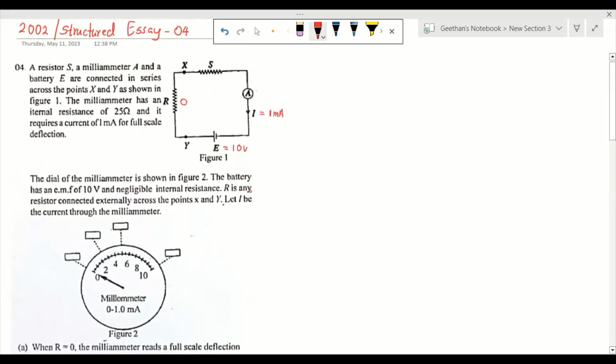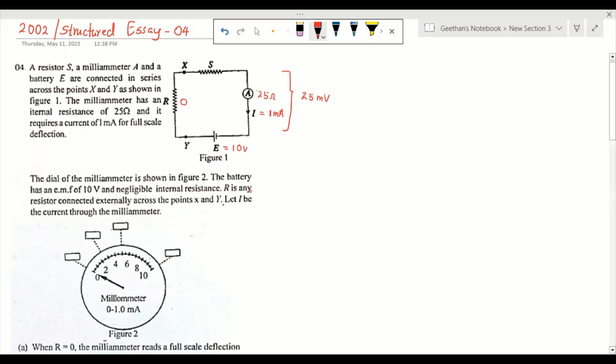So a voltage of 10 volts is given across both of these devices. Right, so the potential gets divided. You can find the potential difference across the milliammeter when it's 1 milliampere. They've also given its internal resistance as 25 ohms, so this is going to be 25 millivolts.